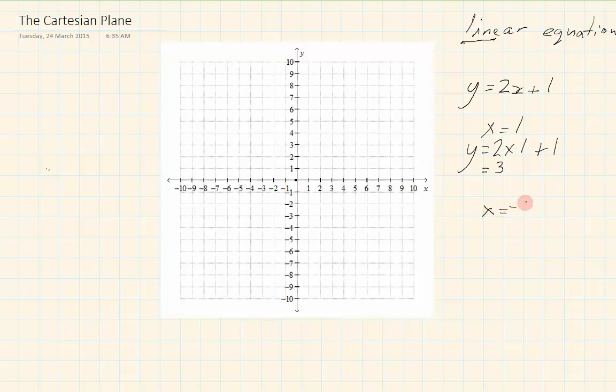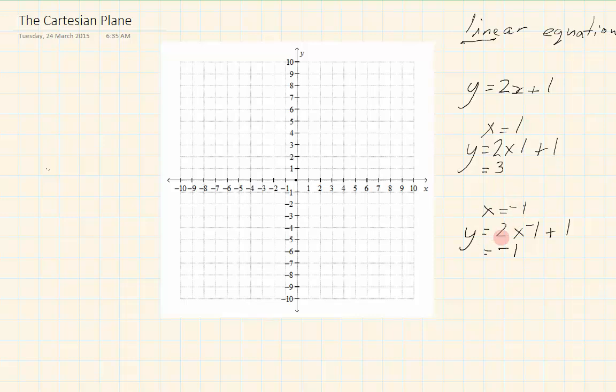So x equal to -1. We'll plug that into our equation as well. So 2 times -1 plus 1, which is, so 2 times -1 is -2, plus 1, so it would be -1.